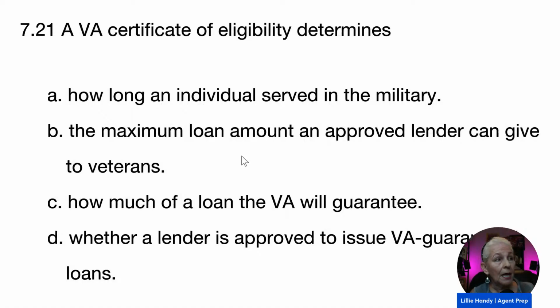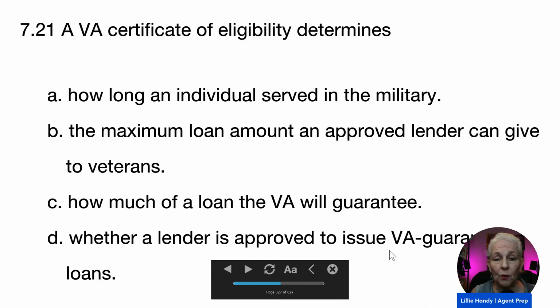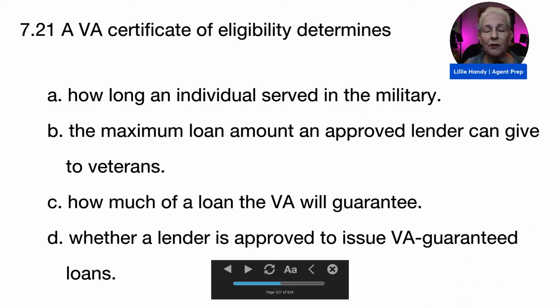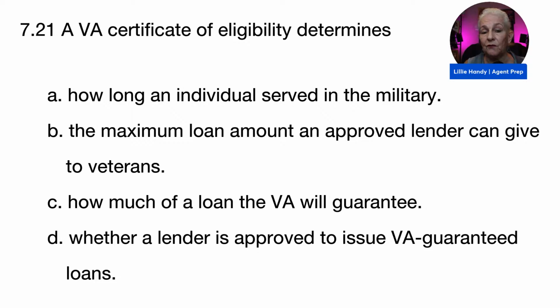Number 21. A VA certificate of eligibility determines A, how long an individual served in the military, B, the maximum loan amount an approved lender can give to veterans, C, how much of a loan the VA will guarantee, or D, whether a lender is approved to issue VA guaranteed loans.